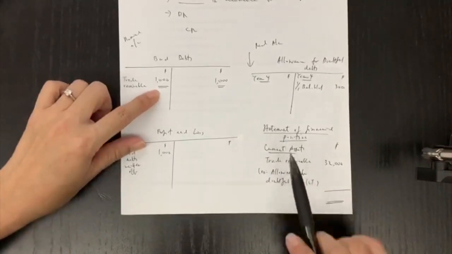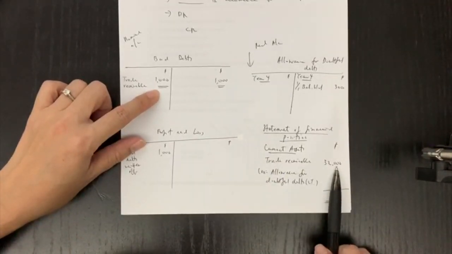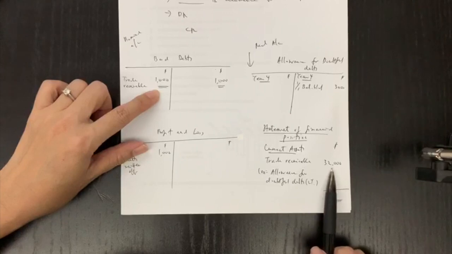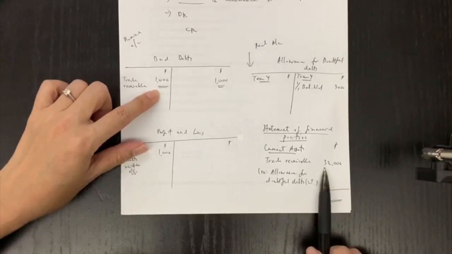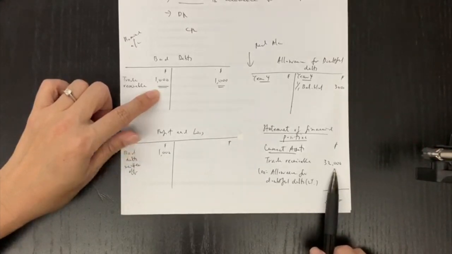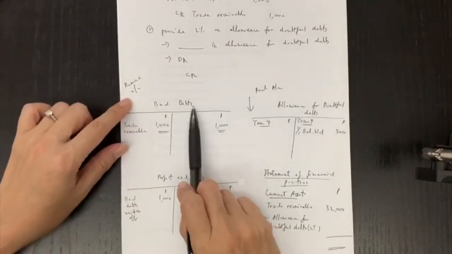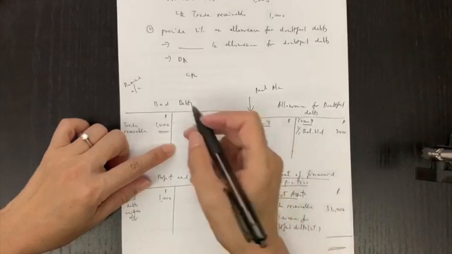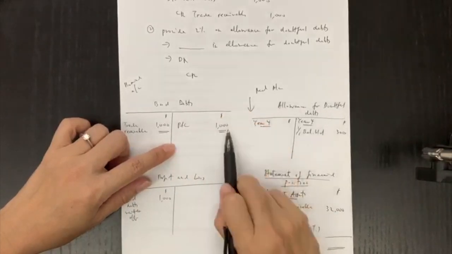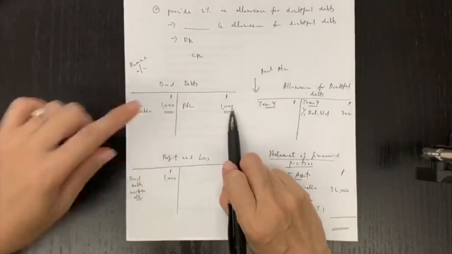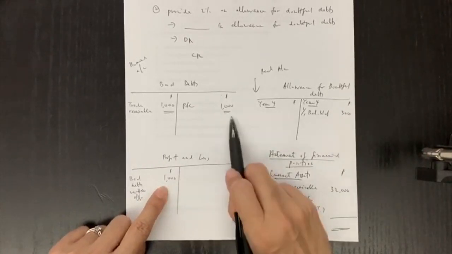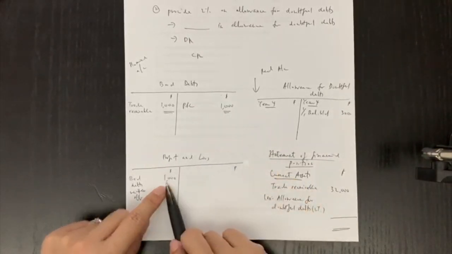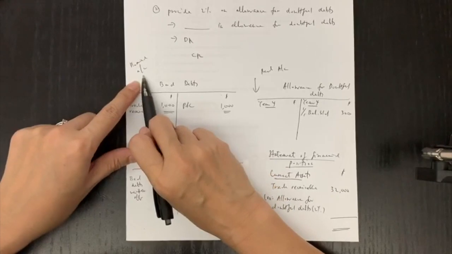Okay, and this is my trade receivable, 32,000. This time I don't need to minus 1,000 because it is already after bad debts written off. All right, and bad debts is a nominal account, so where to close it? We don't have balance carry down, we close it to the profit and loss account. So therefore, this 1,000 and this 1,000 in the profit and loss account. So this is how we close it, as bad debts being a nominal account.